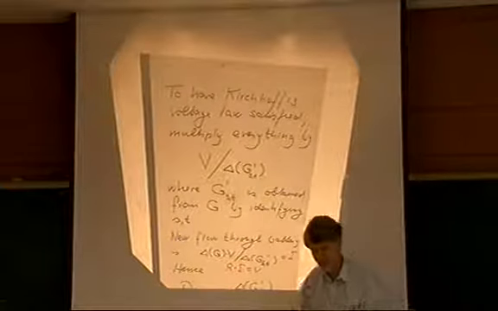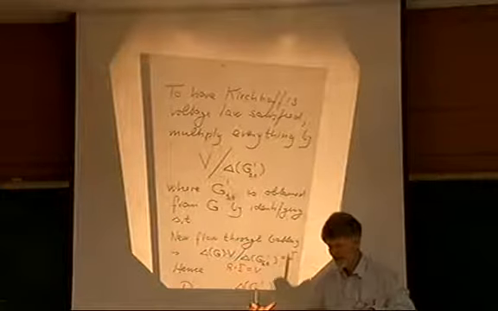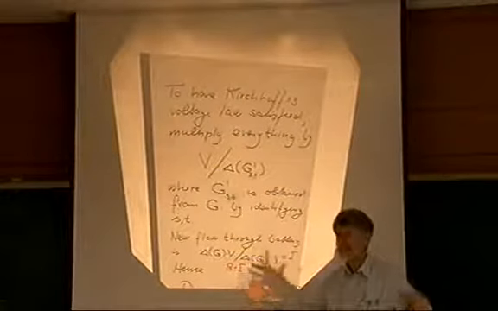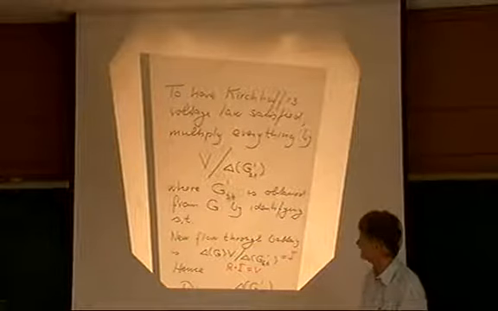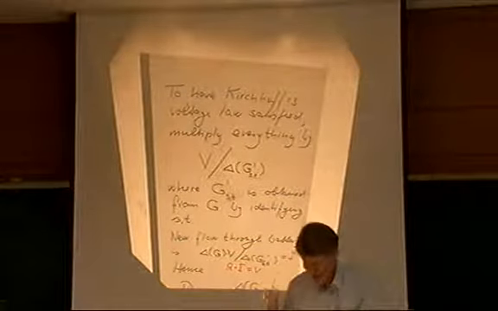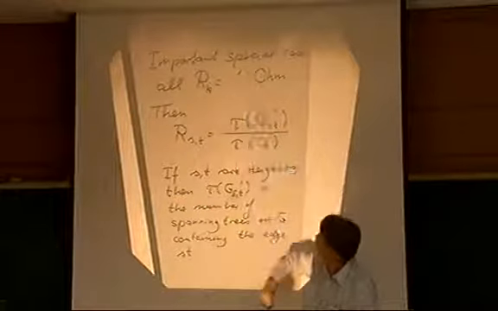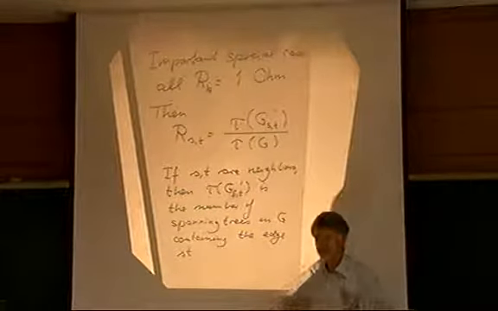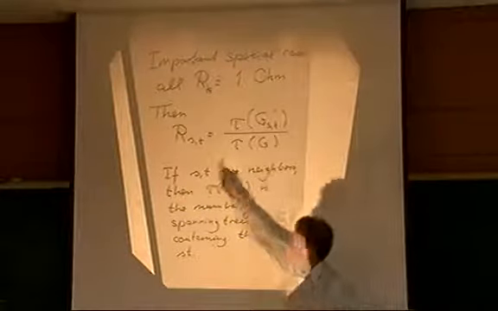And remember what the network determinant was. It's a rather complicated thing. For every spanning tree, you take all the resistors outside and you multiply them together, and then you add all those numbers together. But if you have the special case where all the resistors are 1 ohm, the network determinant simply becomes the number of spanning trees. This means you get the following formula.